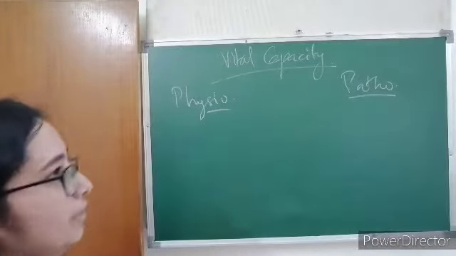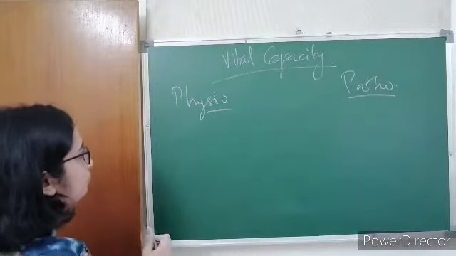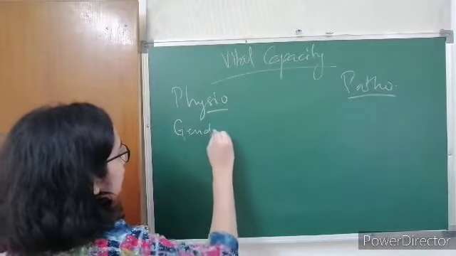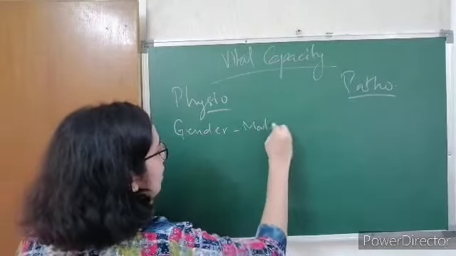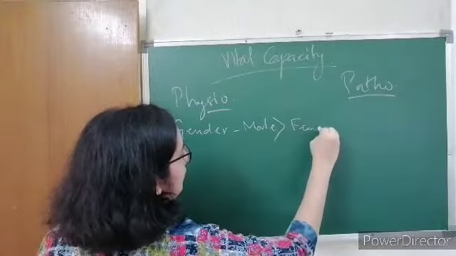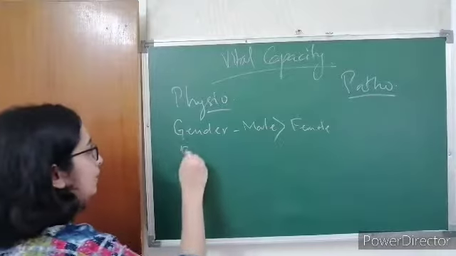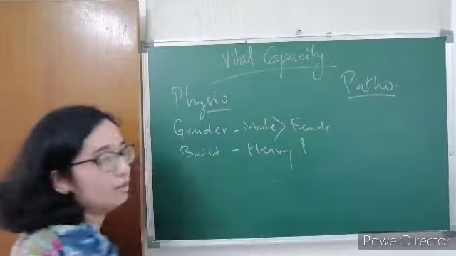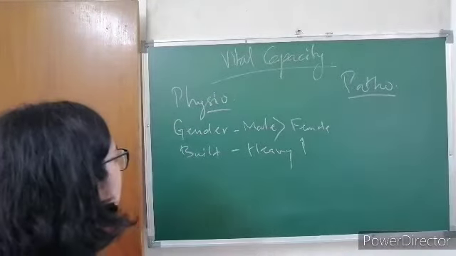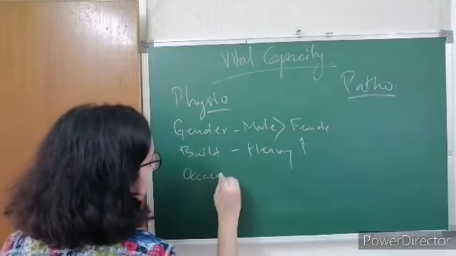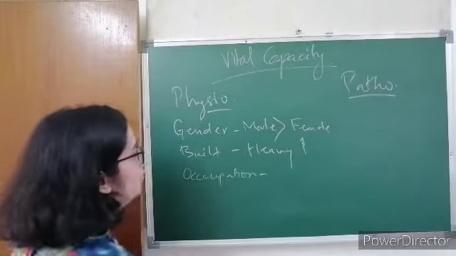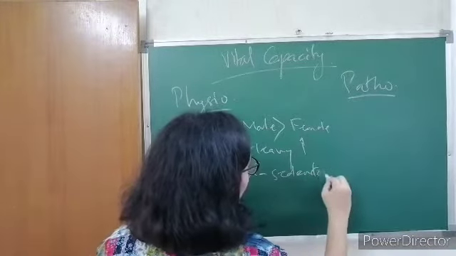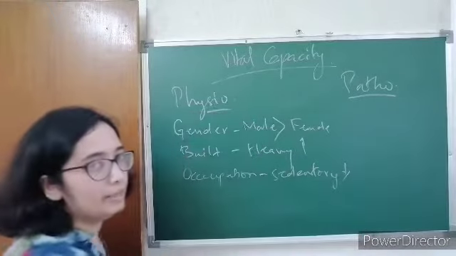So first, we will see that in gender, the males will have a higher vital capacity than the female. Next, the build of an individual. So heavy will have more than the weakly built. Then occupation. So those who have a sedentary lifestyle will have less vital capacity.